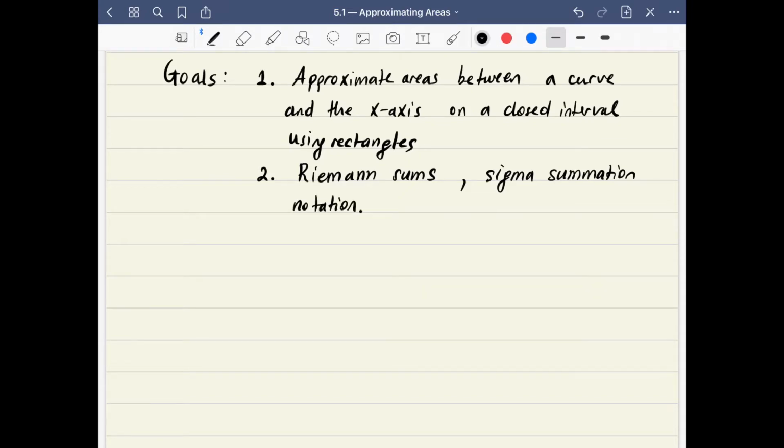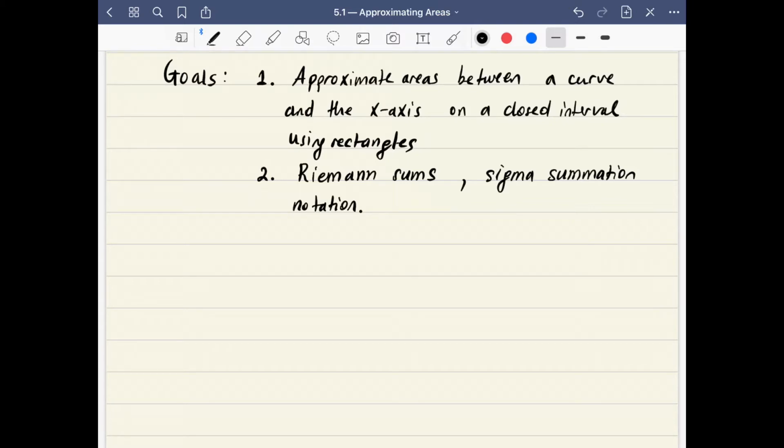Sigma notation is basically writing a large sum in a compact form, and Riemann sums are specific sums that actually approximate the areas under a curve or between a curve and the x-axis. So let me start by first reminding you of some very basic facts.